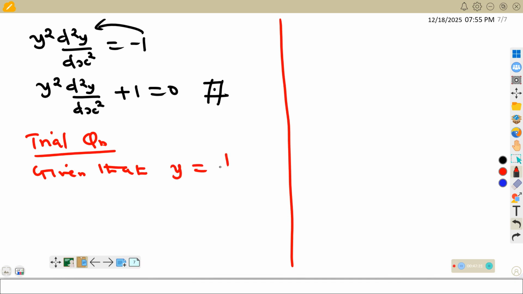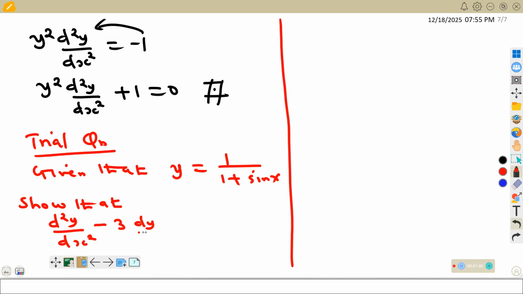y is same as 1 over 1 plus sine of x. Show that d2y dx squared minus 3 dy dx squared is same as, this is a 2 here.